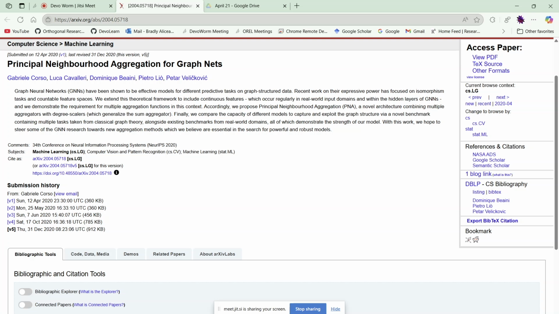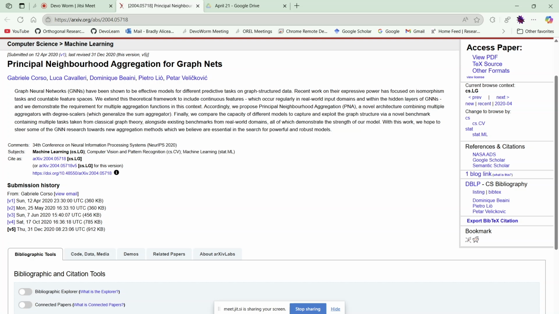Here they propose principal neighborhood aggregation, or PNA, a novel architecture combining multiple aggregators with degree scalars. Finally, we compare the capacity of different models to capture and exploit the graph structure via a novel benchmark containing multiple tasks taken from classical graph theory alongside existing benchmarks from real-world domains.